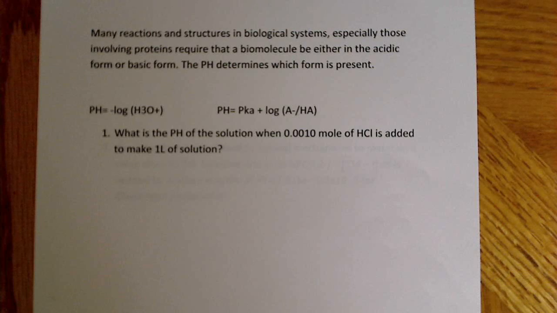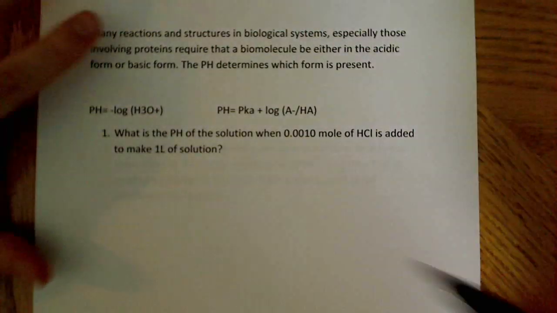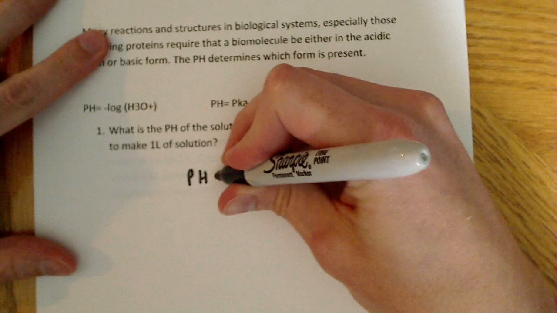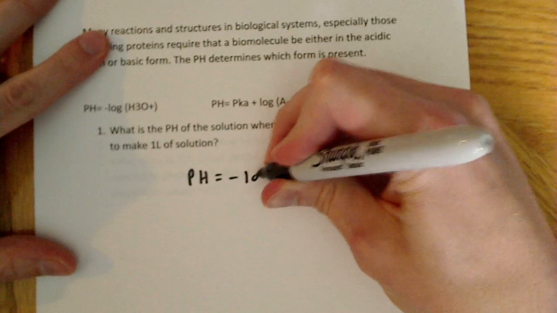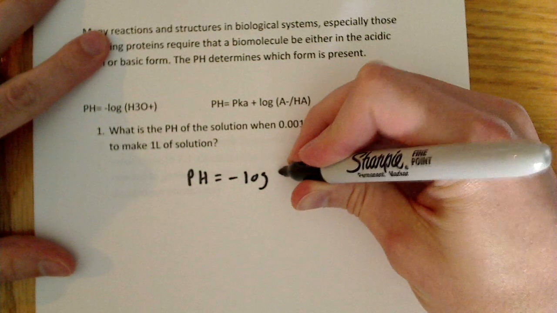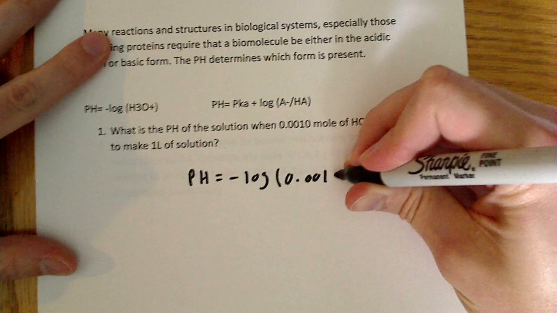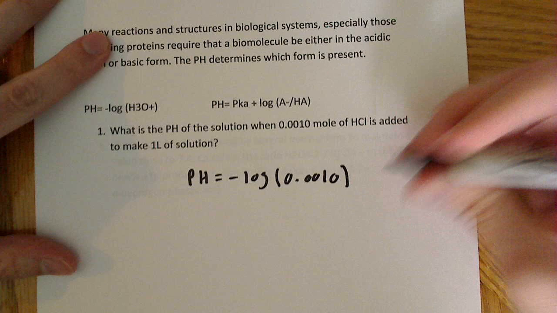So first thing to notice is that this is HCl, which is a strong acid. It's hydrochloric acid, and that means it fully dissociates to H+ and Cl- in solution. So all you really have to do with this problem is say that the pH is equal to the negative log of the concentration of HCl.